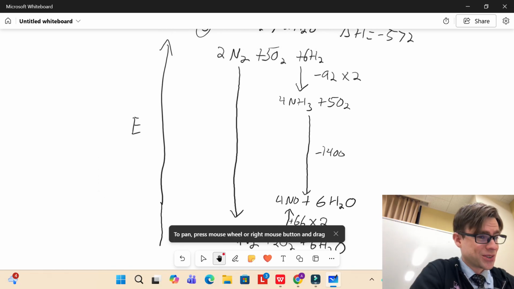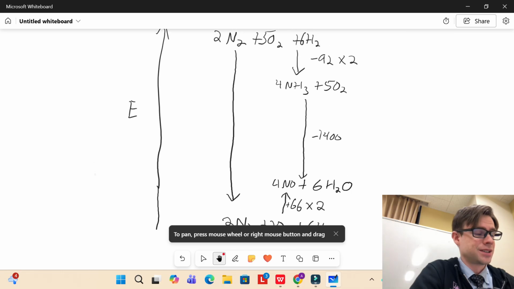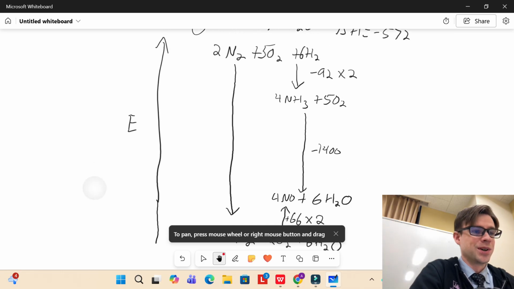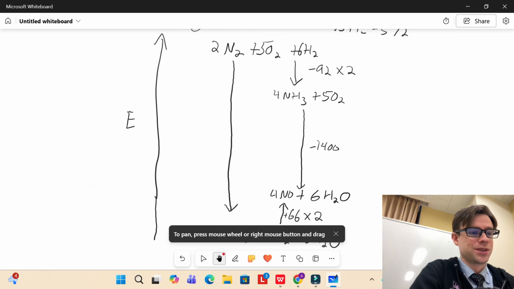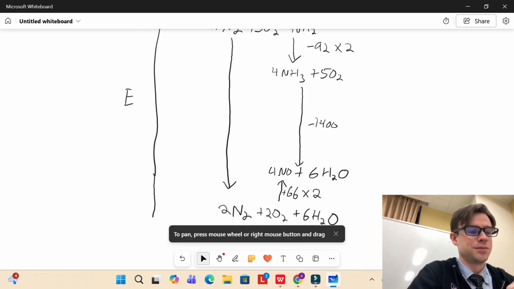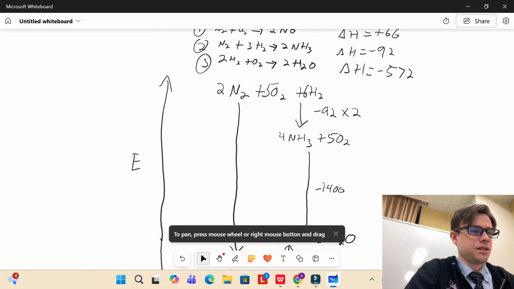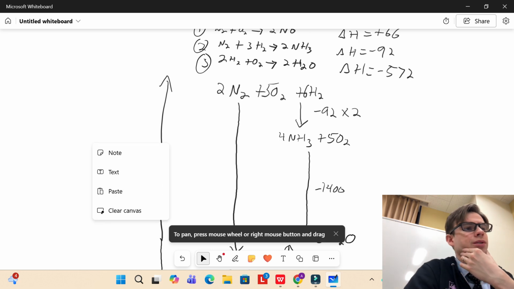But I'm not going to combust all that oxygen. I'm only going to combust 3 moles of it, so that 2 moles are still remaining to make this cycle complete. So 2 moles of H2 plus O2, that's our equation number 3, goes to 2H2O.